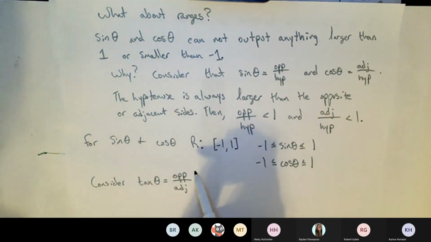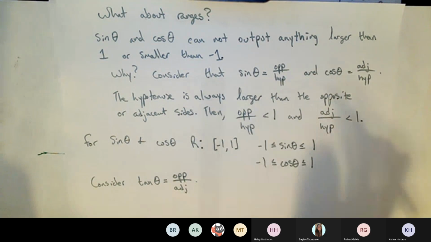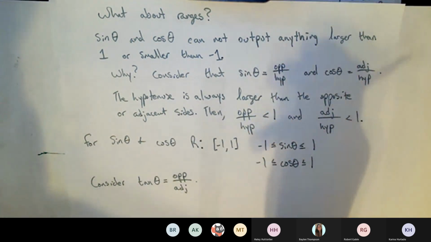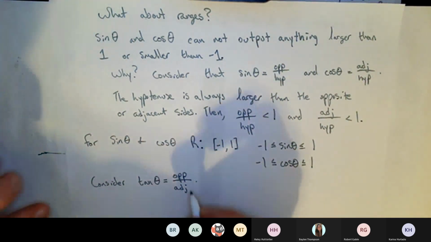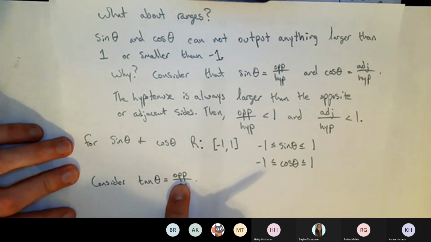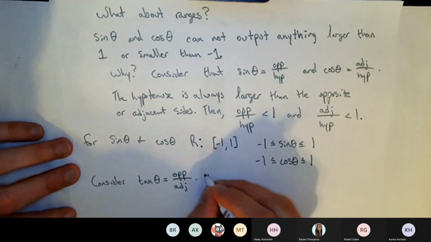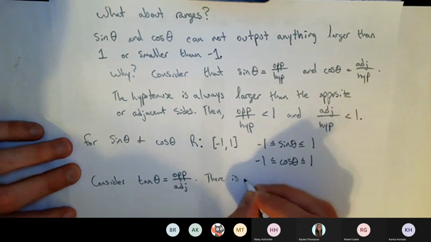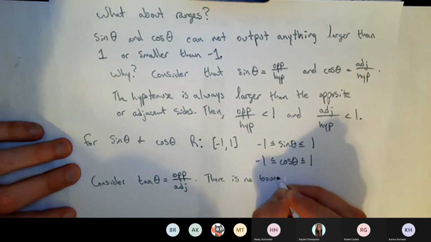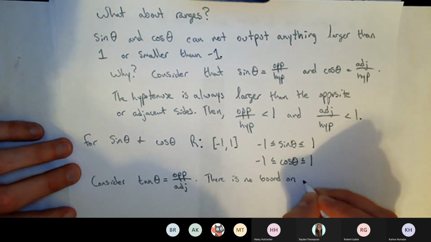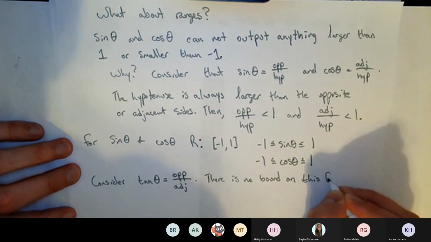But can I say the opposite side is always larger than the adjacent, or vice versa? No, I can't say anything like that. The opposite side could be huge, and the adjacent could be very tiny. There is no bound on this fraction.